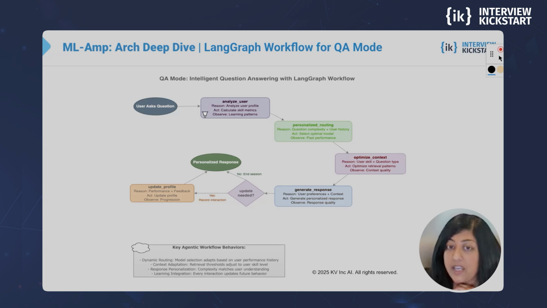So first I have the user analysis going on, followed by personalized routing, each of them following the ReAct pattern of reason, act, and observe.